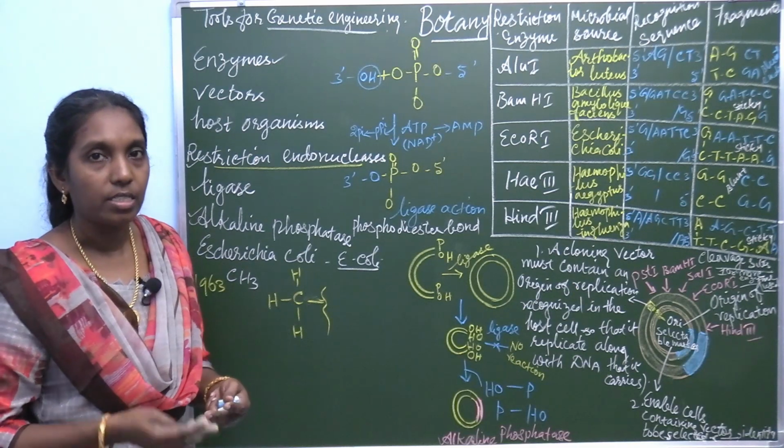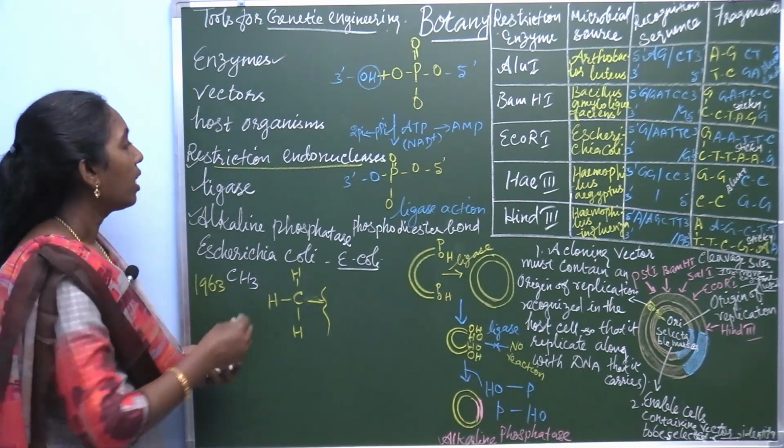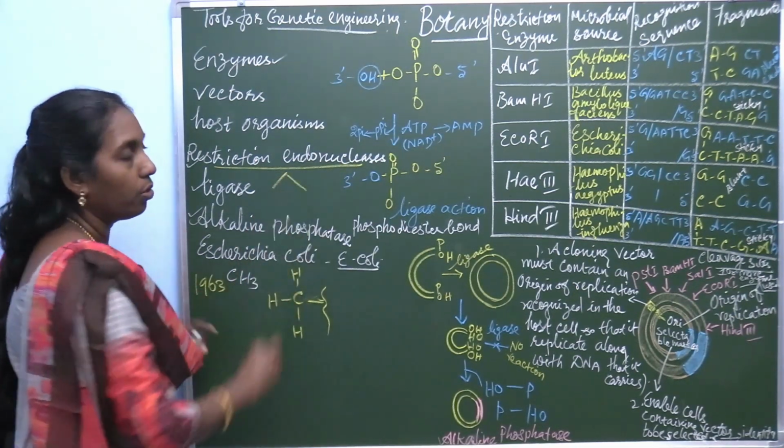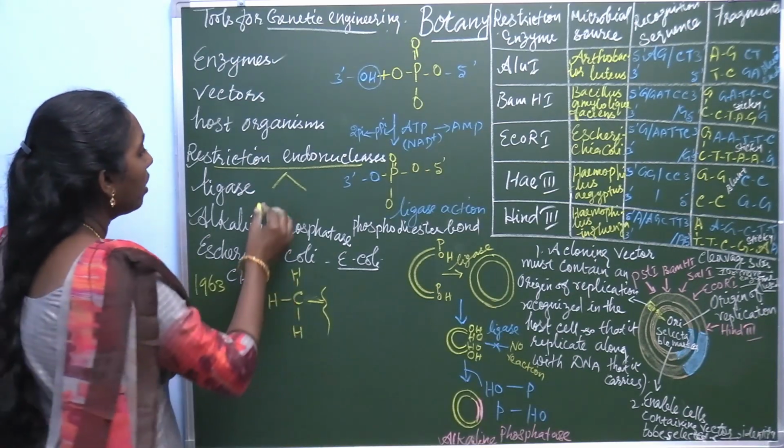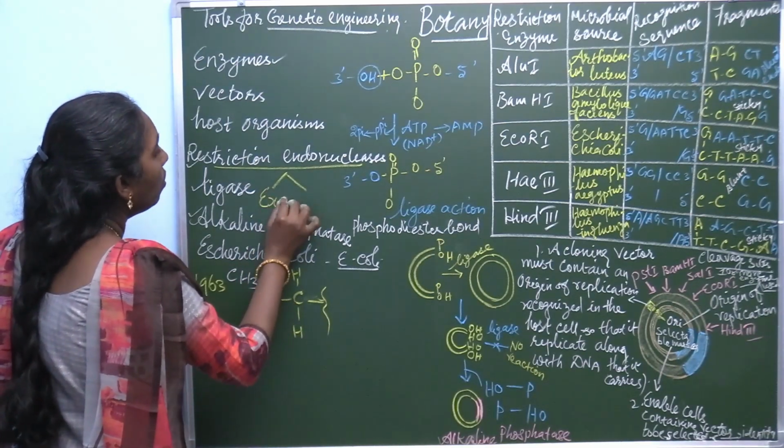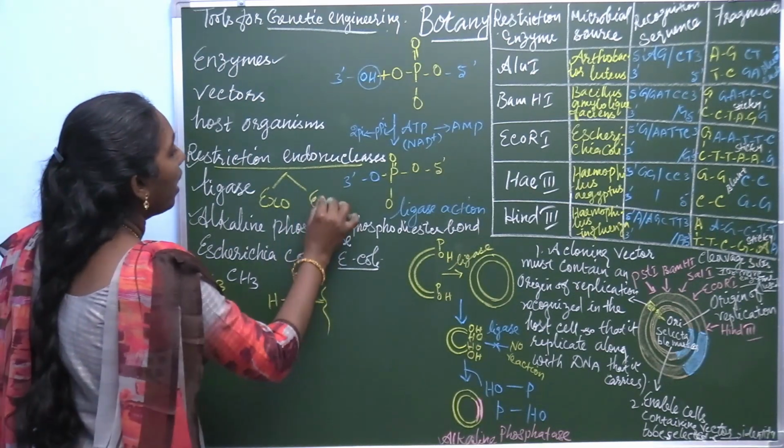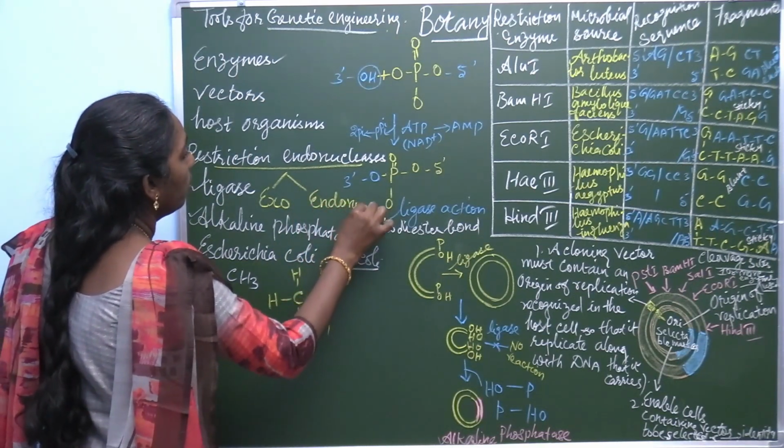By mode of action, there are two different types of restriction endonucleases, namely exonucleases and endonucleases.